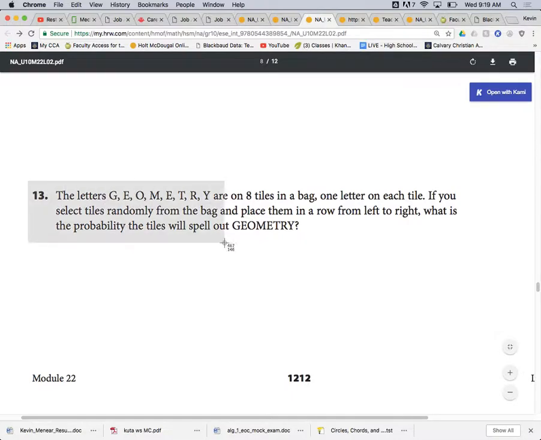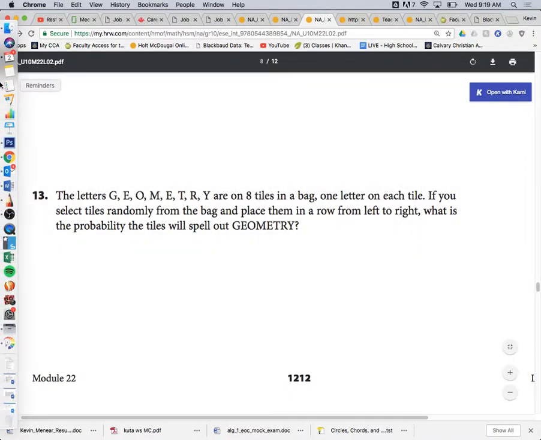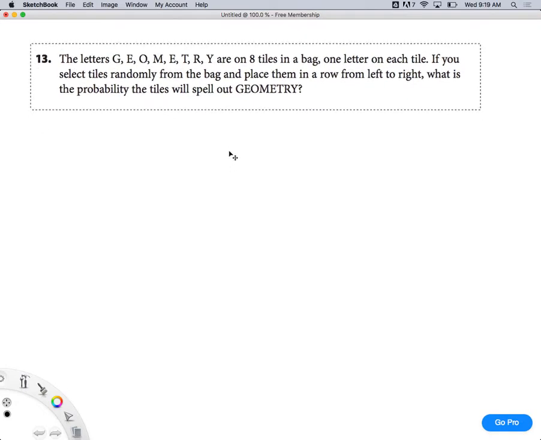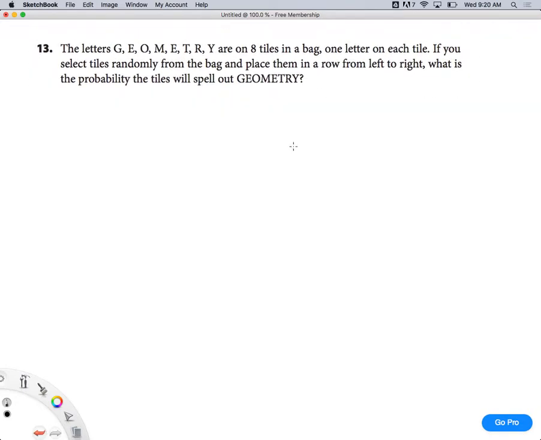The letters of GEOMETRY are on 8 tiles in a bag, 1 letter on each tile. If you select tiles randomly from the bag and place them in a row from left to right, what is the probability the tiles will spell out GEOMETRY? Okay, so probability, I'm thinking P(A) equals N(A) over N(S). First I have to figure out all the possibilities.